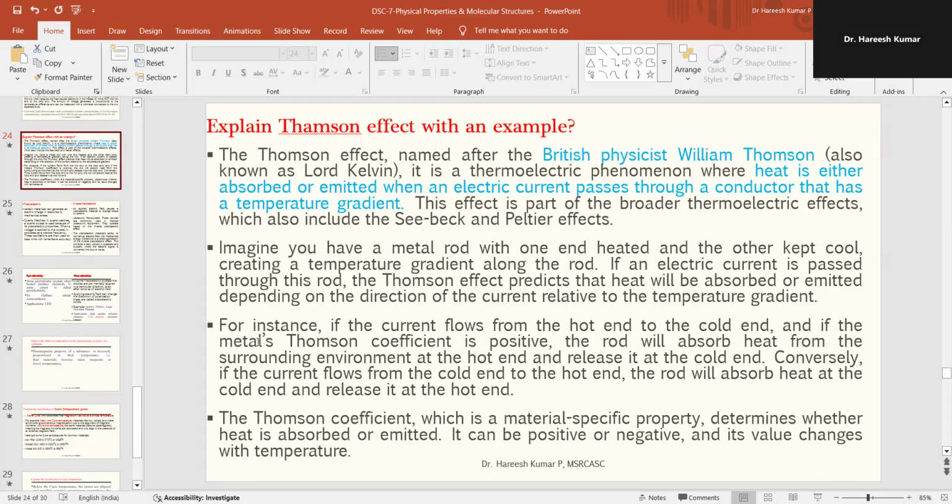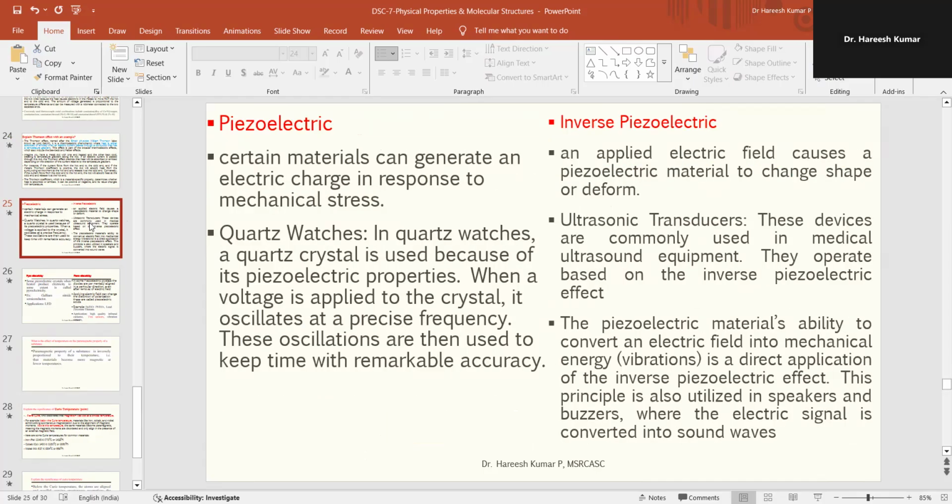The Thomson coefficient, which is a material-specific property, determines whether the heat is absorbed or emitted. It can be positive or negative, and its value changes with temperature. I will take one more question. More particularly, I will take the difference between the piezoelectric and inverse piezoelectric.